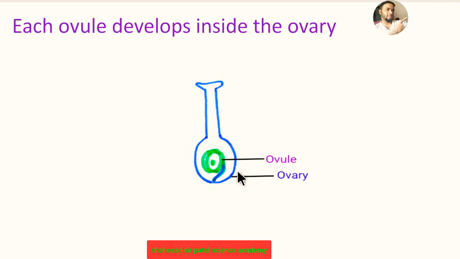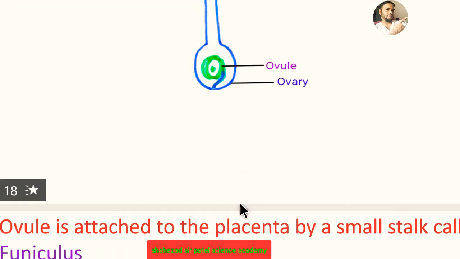So in a carpel there are 3 parts: the ovary located at the base, then this stalk, and this stigma. The ovule develops inside the ovary. This green color structure is the ovule, and it is always developed inside the ovary.